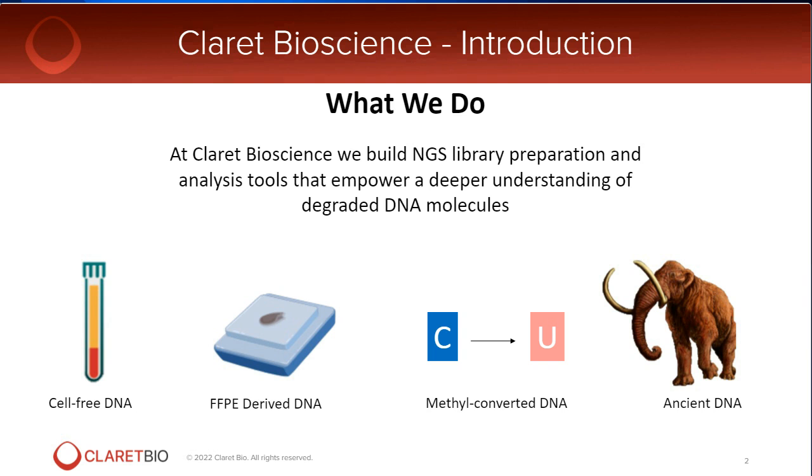By worst samples, we mean degraded DNA molecules that have been extracted from less than ideal tissues and locations, such as cell-free DNA, FFPE-derived DNA, ancient DNA, museum specimens, any sort of environmental eDNA, methyl-converted DNA, and DNA that's been treated in any other means that causes lesions and damage to the DNA.